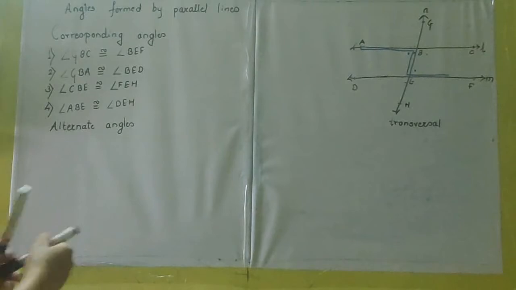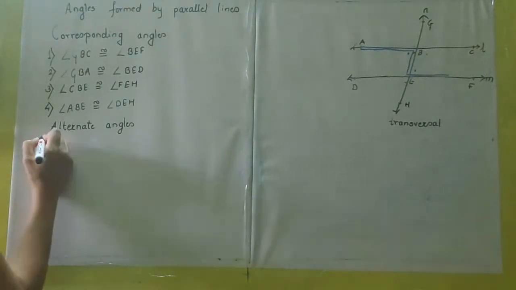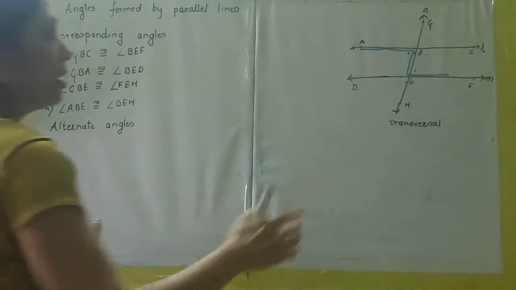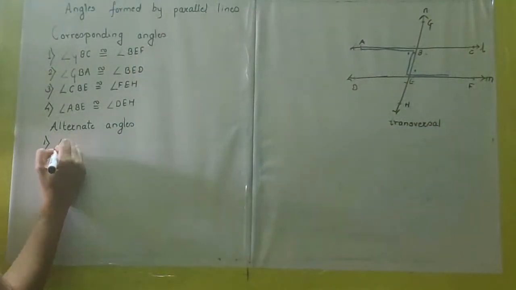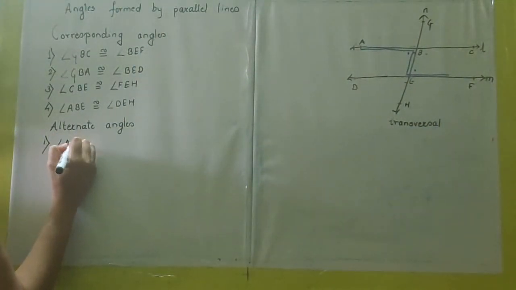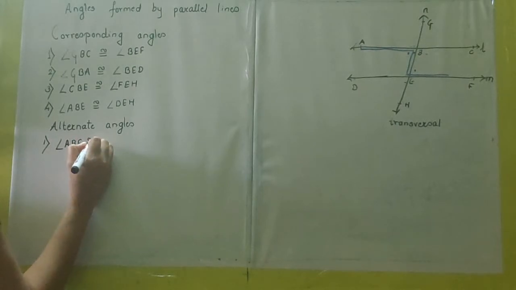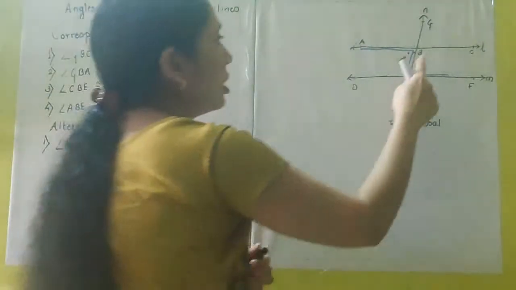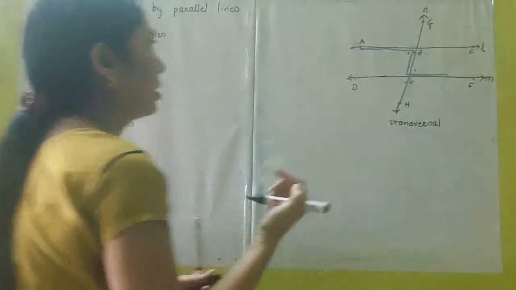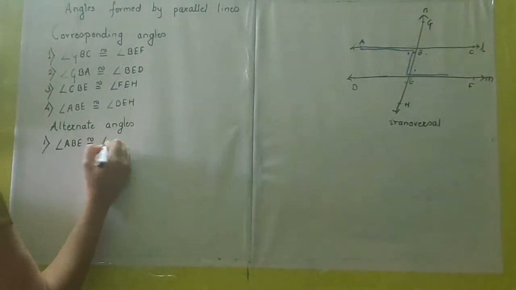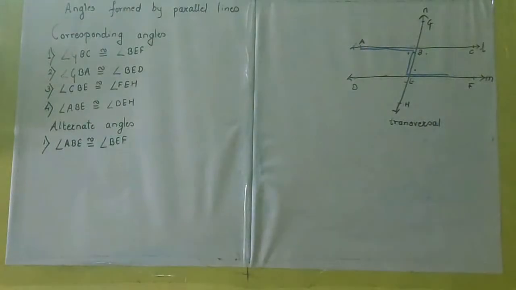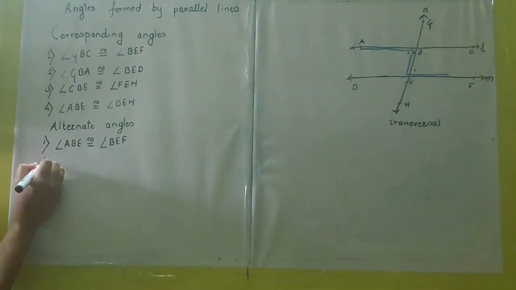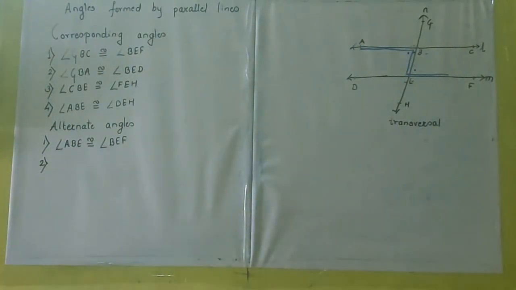So I'll now write the first pair for Z: angle ABE is congruent to angle BEF. Second pair, let's see how the second Z can be formed.